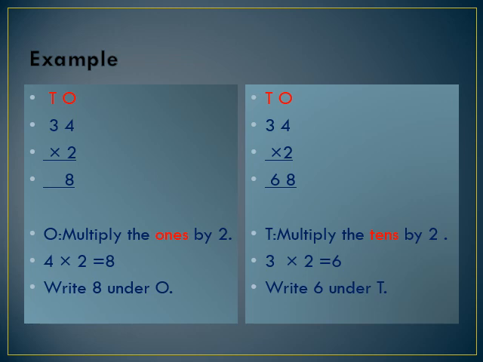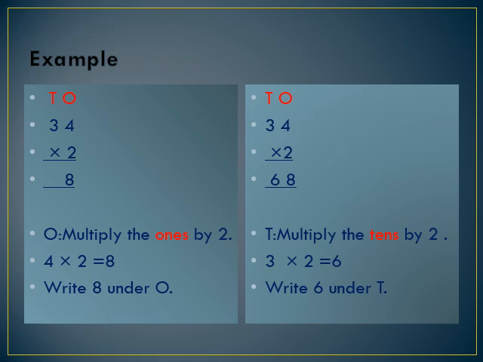Now children, look at the given example. 34 multiplied by 2. So first we multiply the ones by 2. That is 4 multiplied by 2 is equal to 8. So we write 8 under ones.